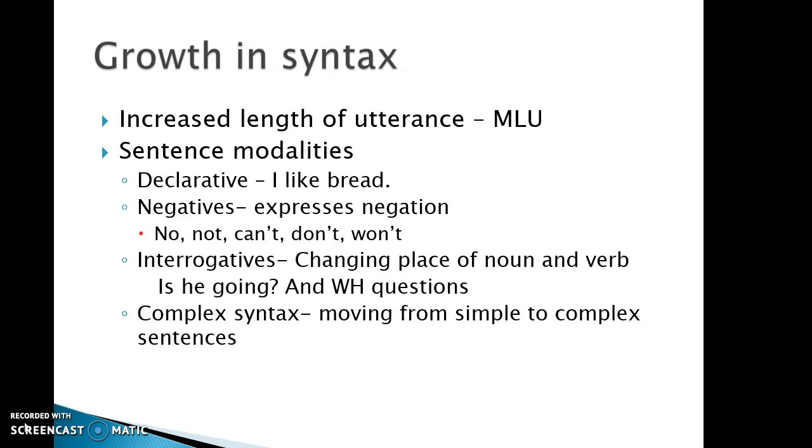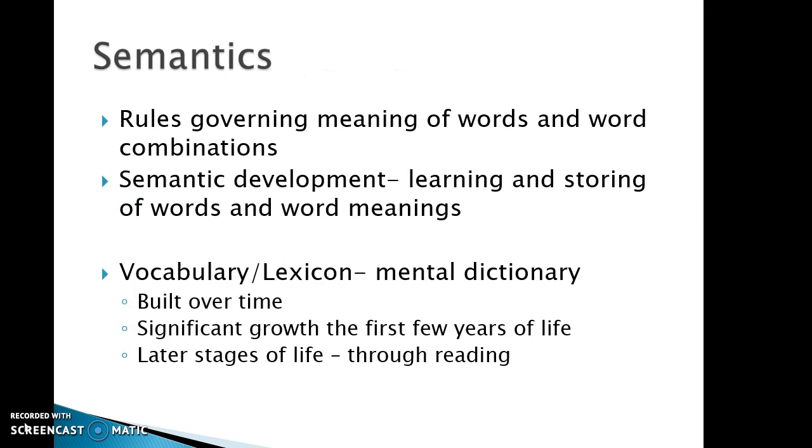Children will learn in their early years declarative sentences, I like bread, words that have different forms of negation, like no, not, can't, don't, won't, and interrogative sentence forms, where we change the place of the noun and the verb to ask a question. Instead of he is going, is he going, as well as WH questions. And then we also see changes in syntax moving from simple to more complex sentences. Again, we'll explore that further in our preschool and school-age language chapters.